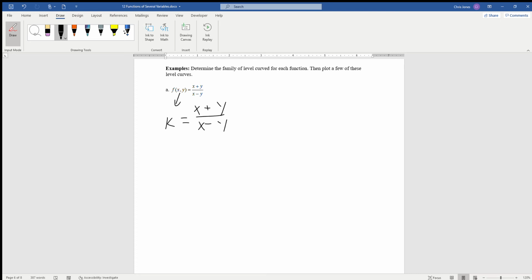That means kx minus ky is equal to x plus y. If we subtract x and add ky to both sides, we get kx minus x equals ky plus y. We can factor out an x and a y from both sides.